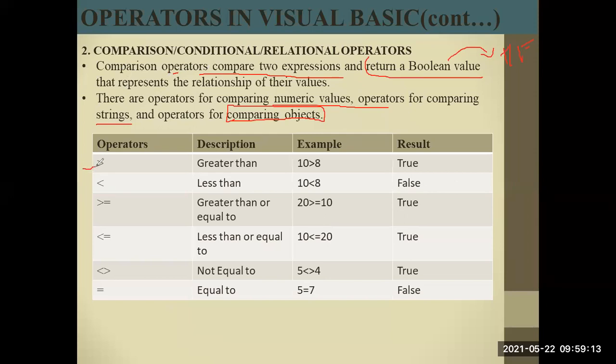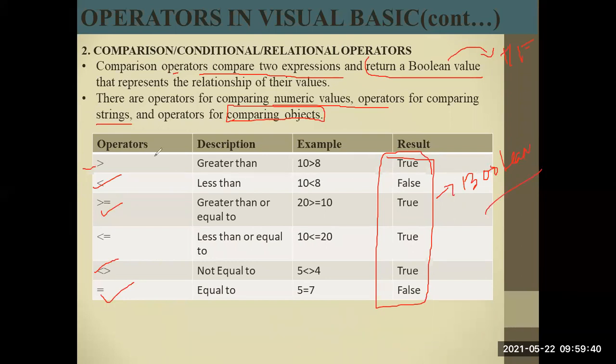Now these are the greater than operator, less than operator, less than or equal to operator, greater than or equal to operator, then not equal to operator and equal to operator. The result of all of these, as you can see here, is always in Boolean format.